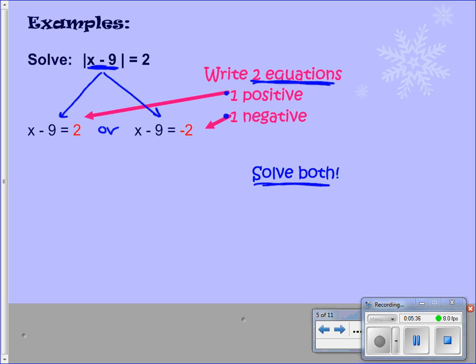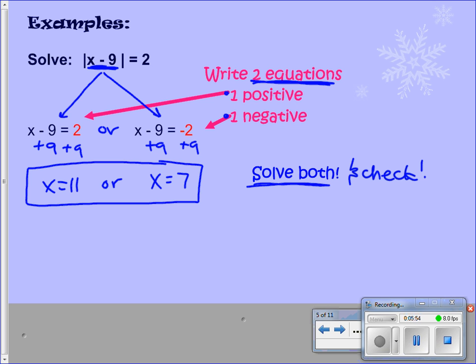And you must solve and check both. So add 9 to both sides. We would do that here, and x equals 11 or x equals 7.